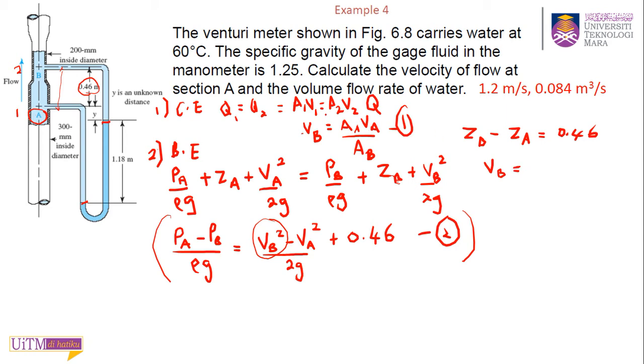Okay, so that will give you VB sama dengan, you have everything, you have the area for A and area for B, so you can find the value in terms of VA.